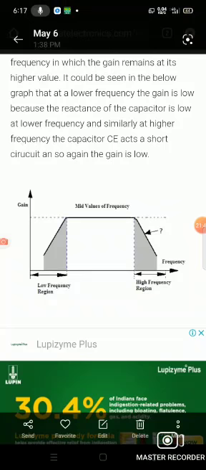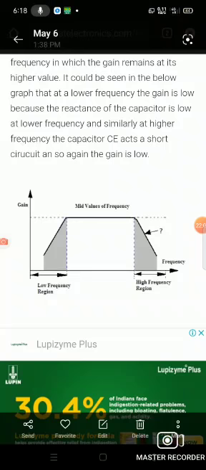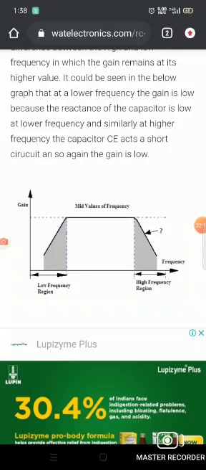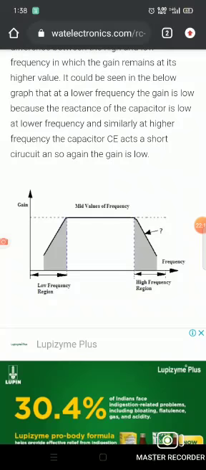Multi-stage amplifiers are generally used to improve the gain from one stage to another. A single stage drawback is that the gain is less compared with the multi-stage amplifier. But with the addition of multiple stages, we improve the gain from one amplifier to another. That is one of the advantages of the multi-stage amplifier.